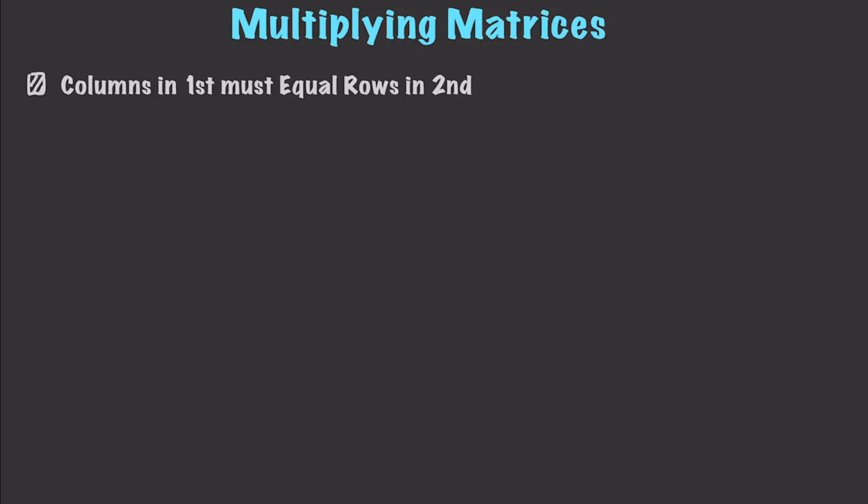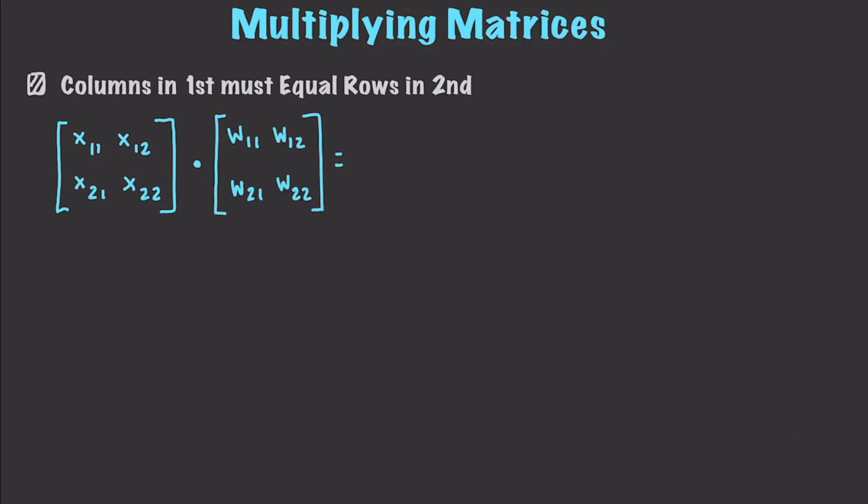And what we are going to do whenever we multiply matrices is we are basically using the dot product. So for example, let's say you have x11, x12, x21, and x22. Of course, the first number represents rows, the second refers to columns. And you multiply that times this double matrix.